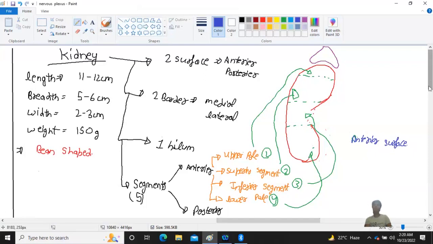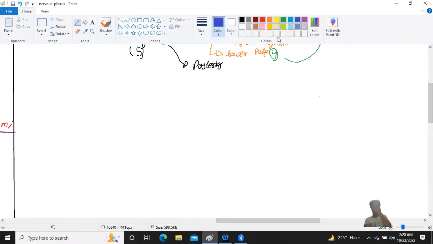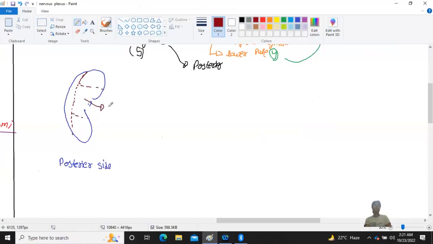In the posterior, it has only one segment. Posteriorly, it is divided like this. On this posterior side, this is the upper pole, and this whole part is the posterior segment.